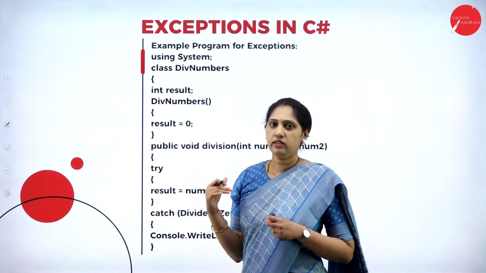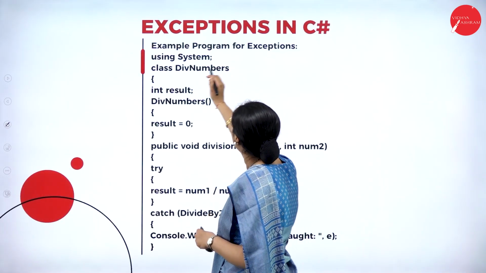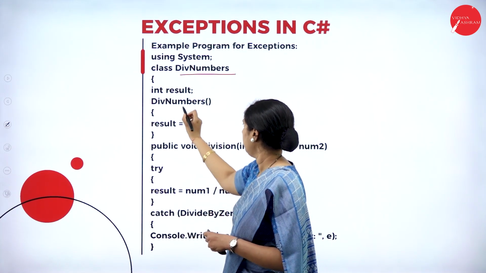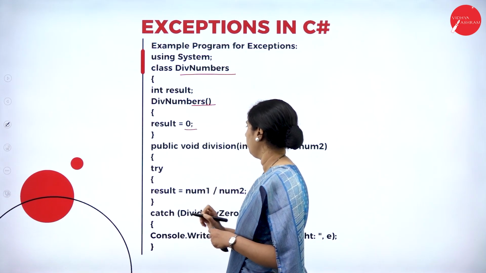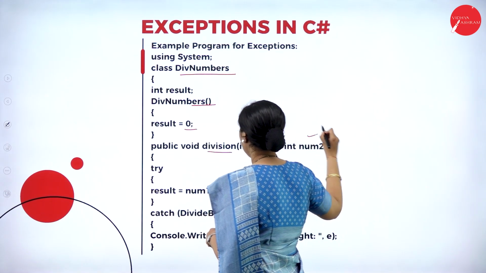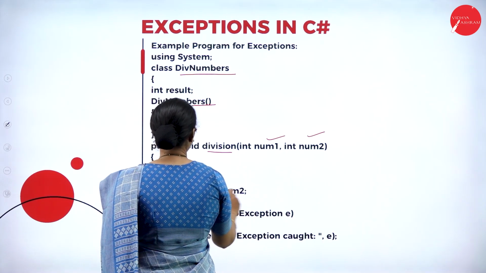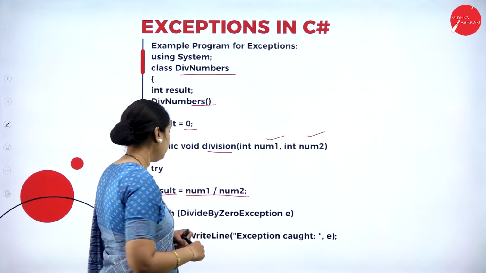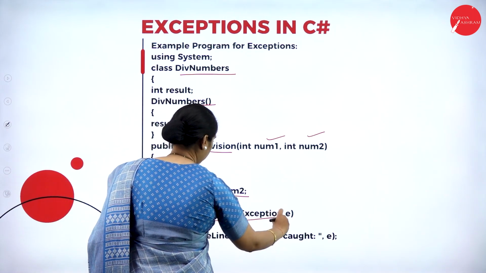So we'll start with the example. Class DivNumbers. We have a function DivNumbers, result is 0. Inside this division we have num1 and num2. We'll divide these and store in the result. In the catch we'll have a DivideByZeroException. This is a keyword.